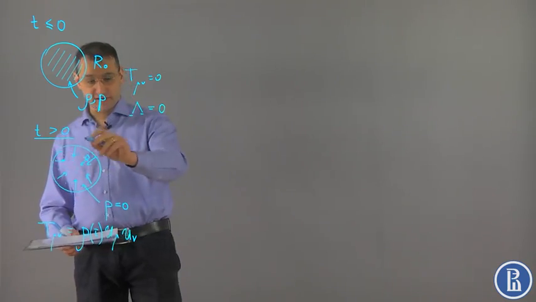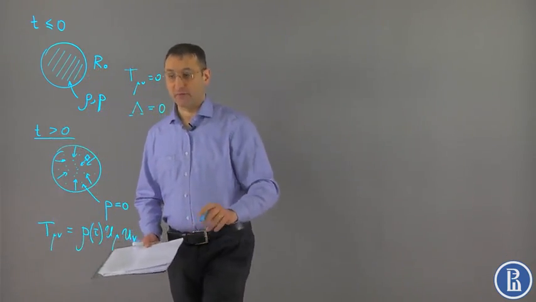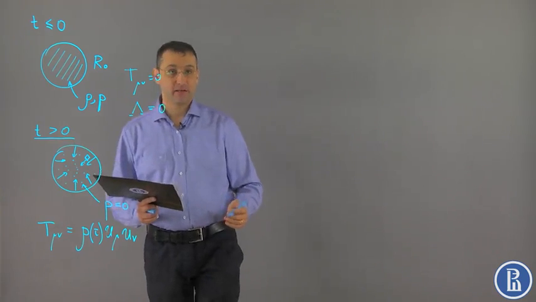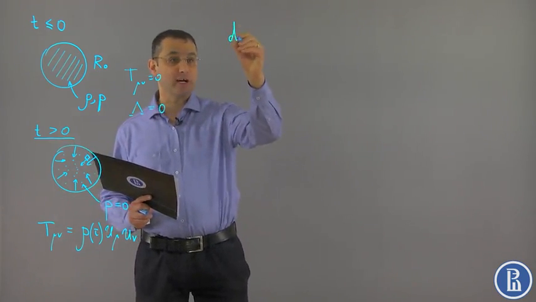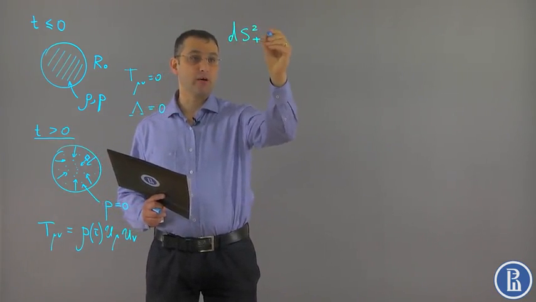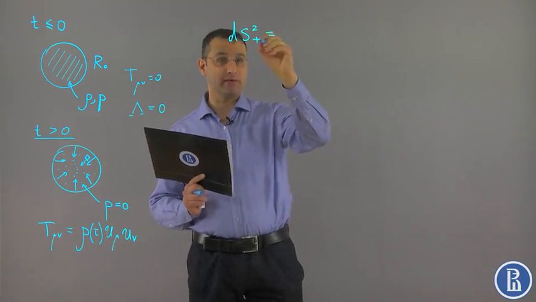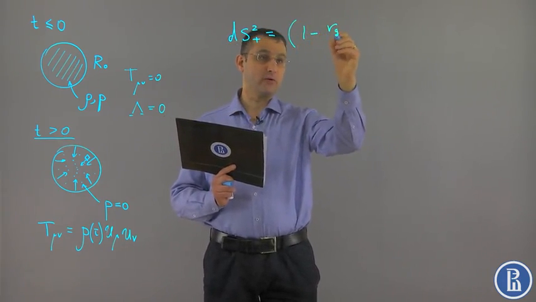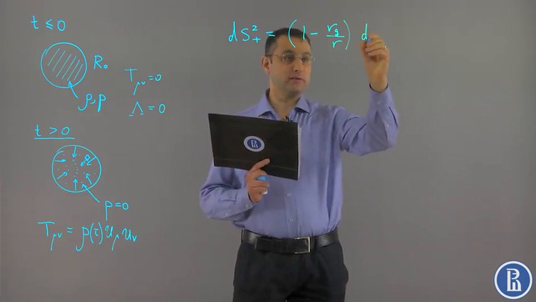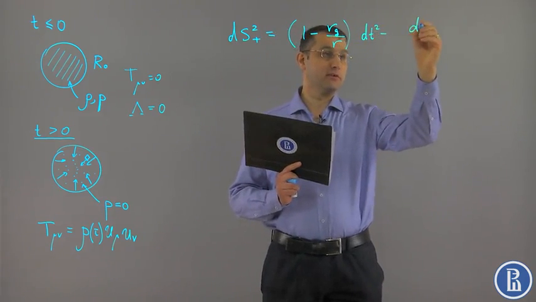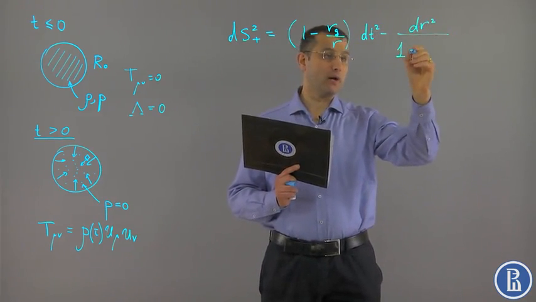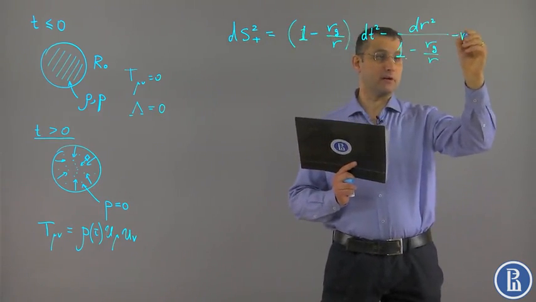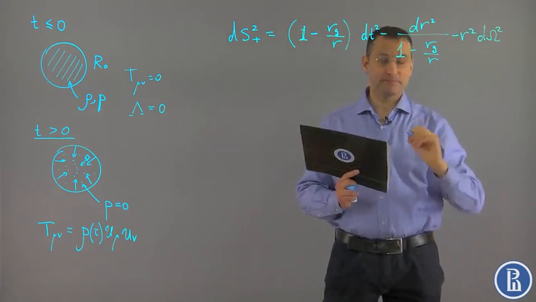Because of this ideal spherical symmetry, outside of the body of the star, we always assume to have the Schwarzschild metric, due to Birkhoff's theorem. So this is the metric outside of the star: ds squared equals (1 minus rg over r) dt squared minus dr squared over (1 minus rg over r) minus r squared d omega squared.